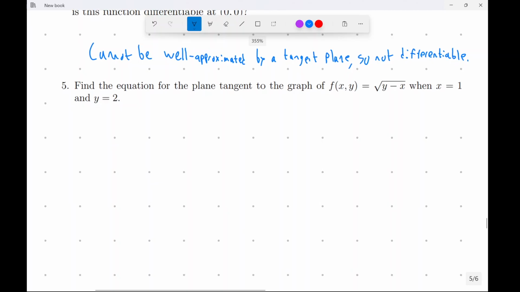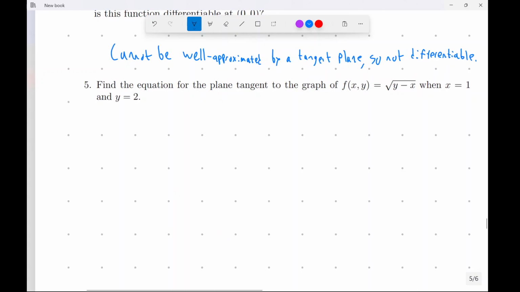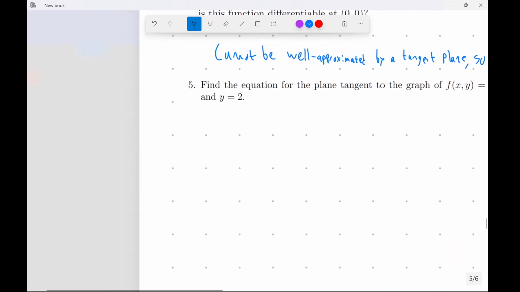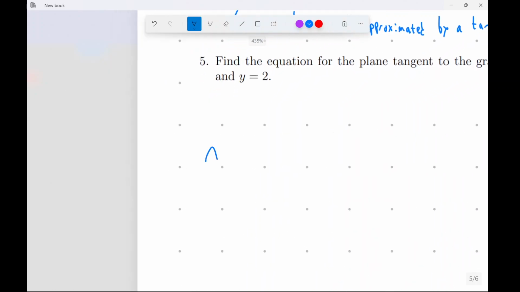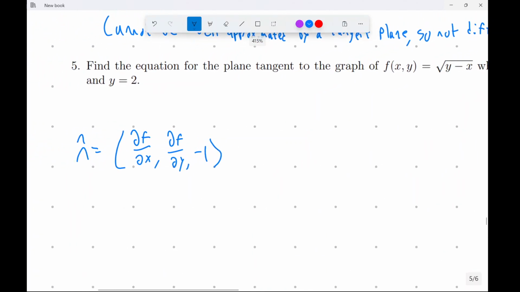Number 5, we want to find the equation for the plane tangent to this graph when x equals 1 and y equals 2. Okay, so again, I'm going to recall from class the normal vector is equal to partial f partial x, partial f partial y, -1, evaluated at x0, y0.